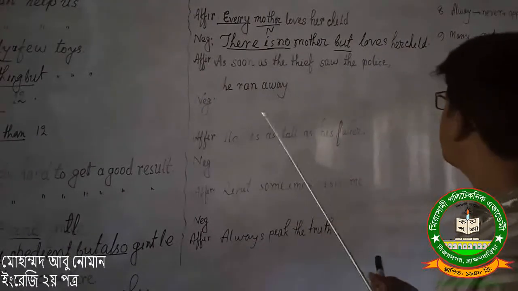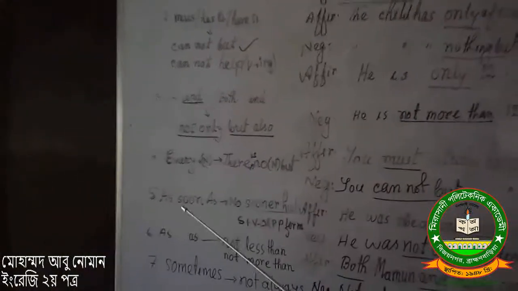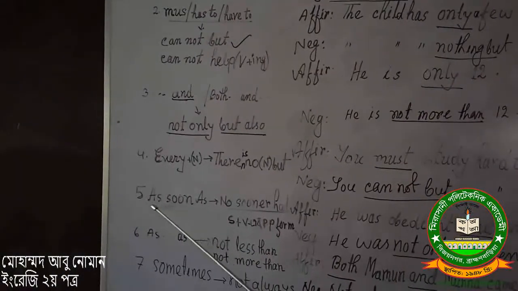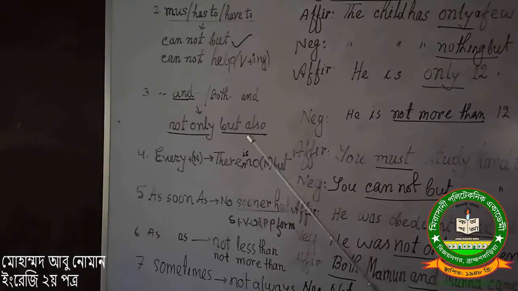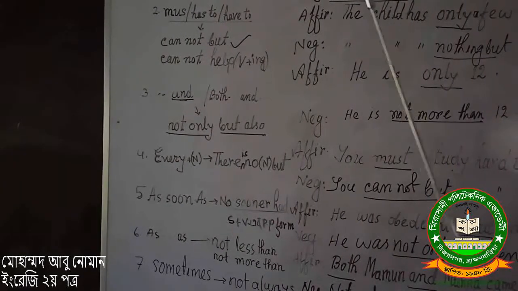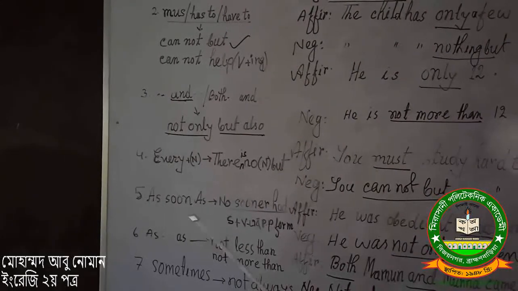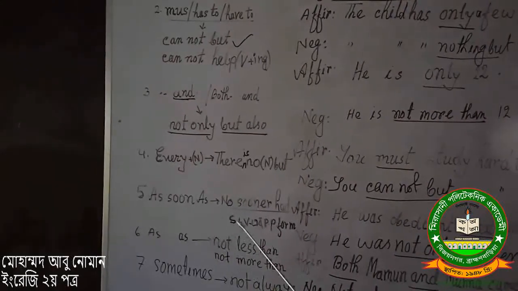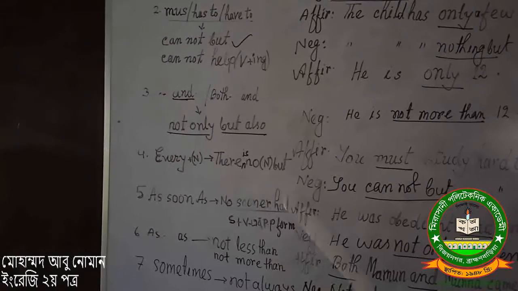Here is another sentence. Look at this: as soon as. If you find any sentence with "as soon as", instead of as soon as you will write "no sooner had".